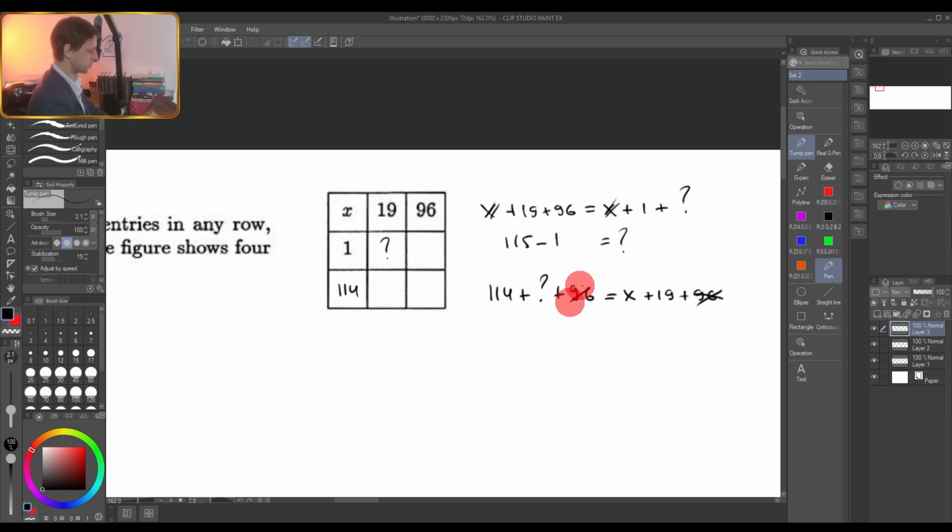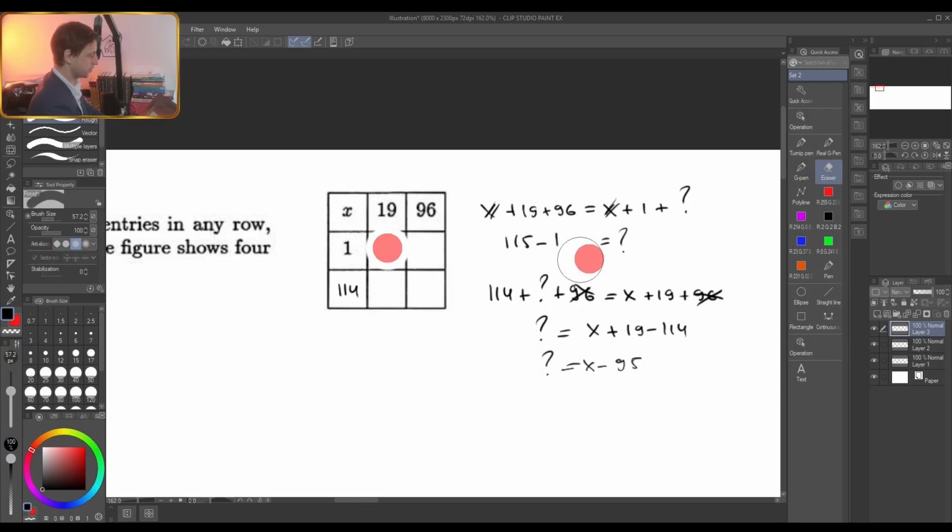Here 96 cancels out, and this something we can express in terms of x: x plus 19 minus 114, so it equals x minus 95. We will rewrite this cell as x minus 95.